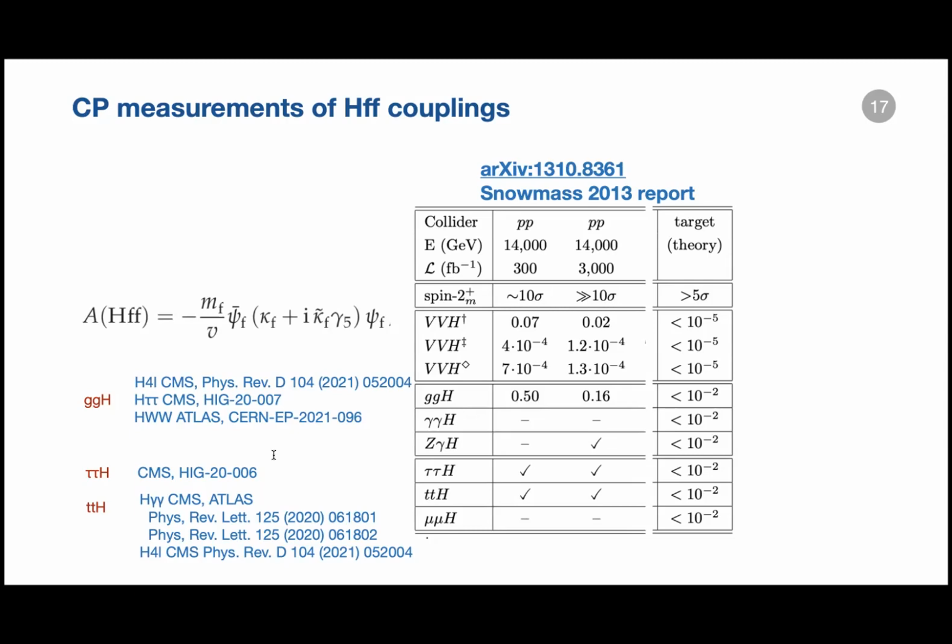So analyzing the CP property had to wait a little bit, and this is why they come very recently. And here you see that on the fermion CP measurement, we have quite a lot of them. We have the gluon fusion ones, the Higgs to tau tau, and also the ttH. So let me go through them a little bit.